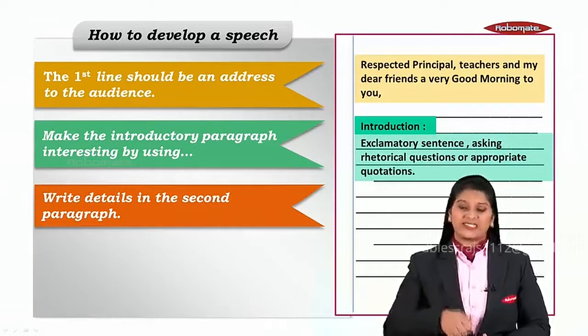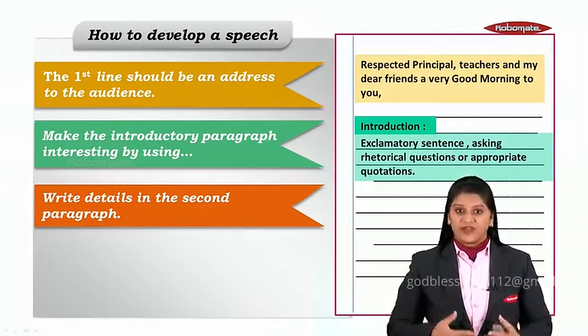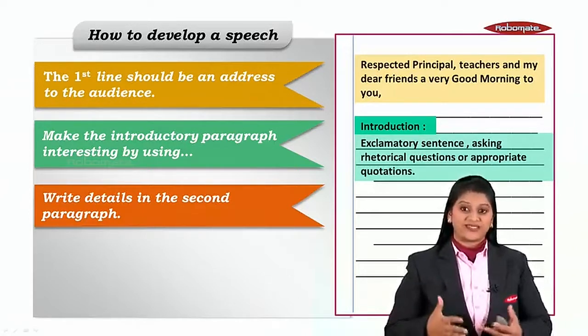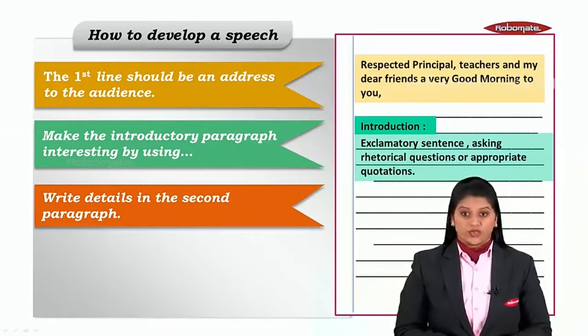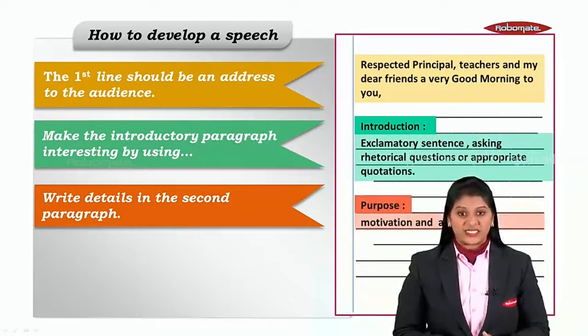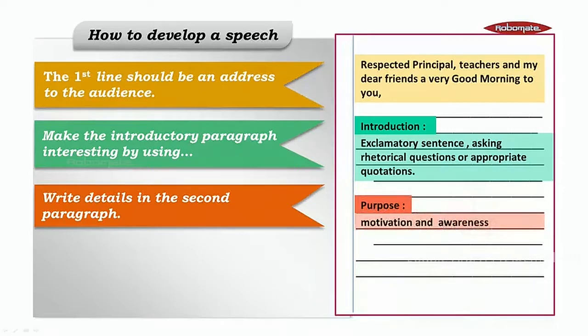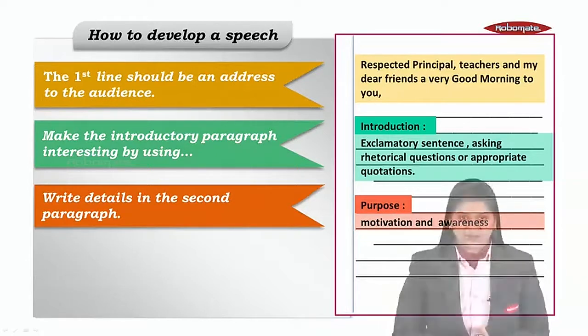Write details in the second paragraph. This is by far the most important paragraph because that's the content, the entire content of your speech. So, what should you do to make this part interesting? Okay, for this, you should understand what is the purpose of your speech. Yes, the purpose of our speech is more often motivating our audience or spreading awareness about something.